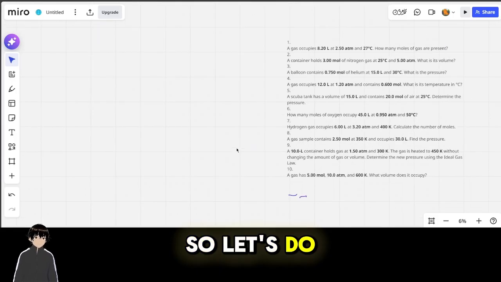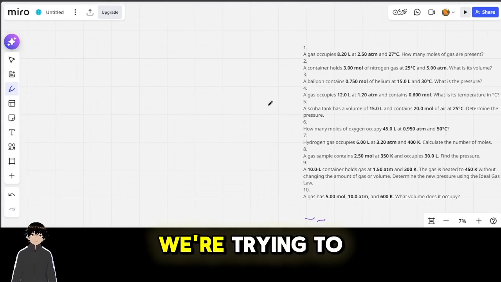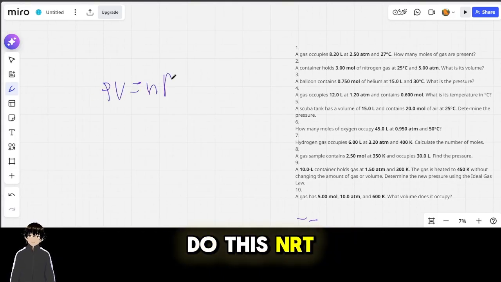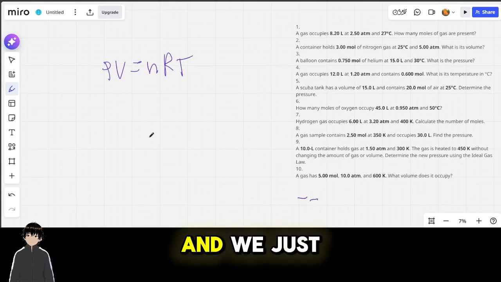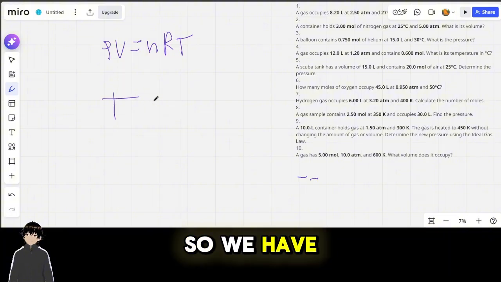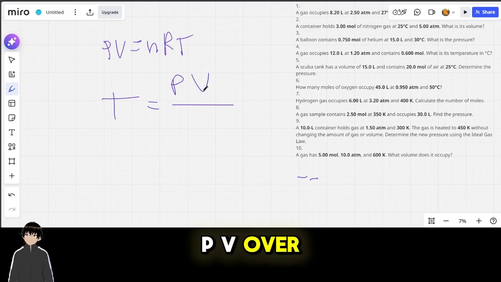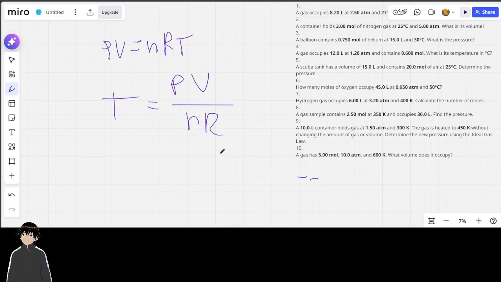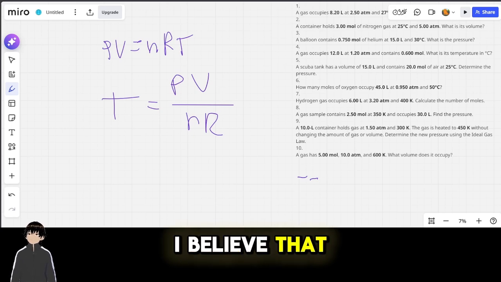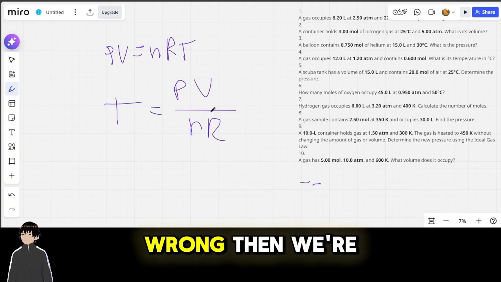So let's do number 4. We're trying to find the temperature, and if we do this and ignore everything else, we have T equals PV over nR. I believe that is it. If we're wrong, then we're wrong.